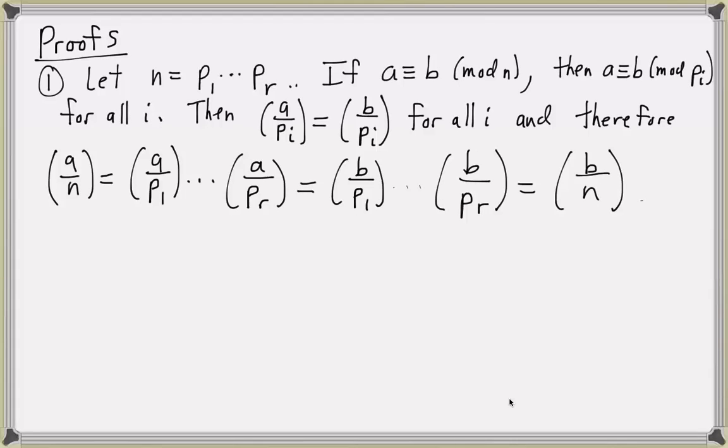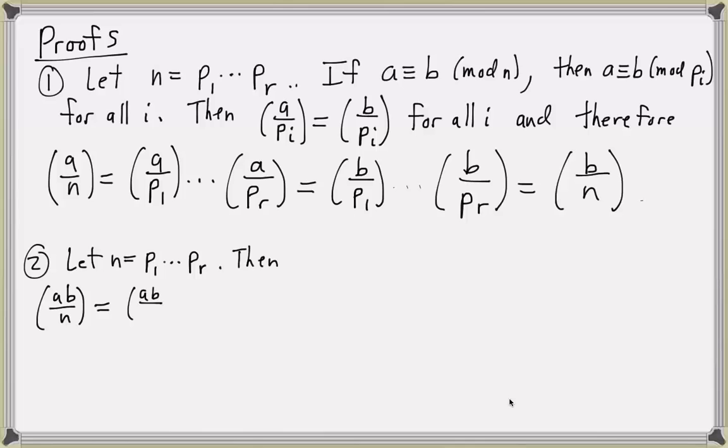So now for the proof of part 2, again let n equal the product of p1 up to pr. Then A times B over n, by definition of the Jacobi symbol, would be A times B over p1 up to A times B over pr.